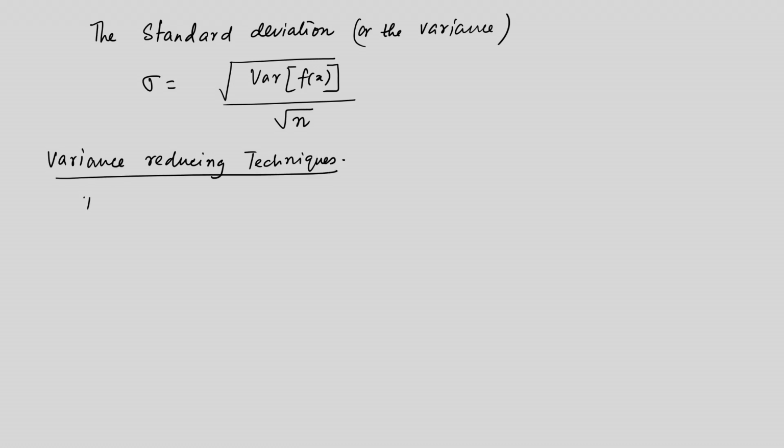This has a number of techniques, and we will talk mainly about two of them, one being what is called stratified sampling, and importantly what we will learn is what is called importance sampling.